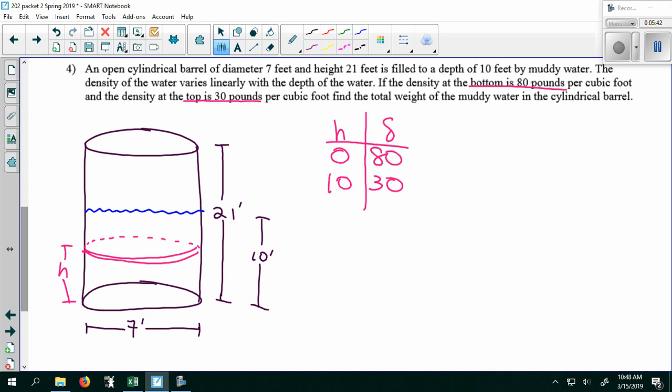So I have 2 points. It varies linearly, they told me, which means I can just write a line that connects these 2 points. I'm going to write the equation of a line that connects these. So I need the slope of the line. So that's going to be 80 minus 30 over 10 minus 0, which is -5.